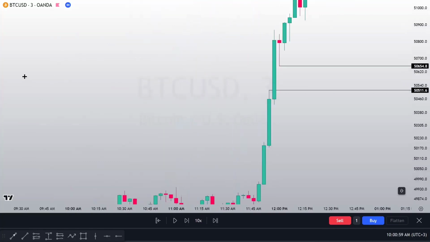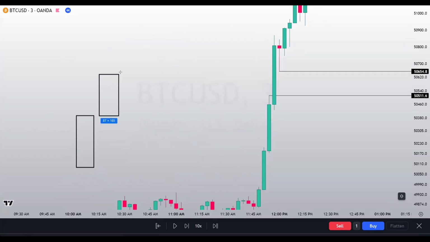For those who maybe don't know how this imbalance works, according to the principles of supply and demand, the market has to perform a balance on each and every movement that it has to make. And for the market to perform a balance, we have to have something like this one. Sorry, let me try to draw it clearly.